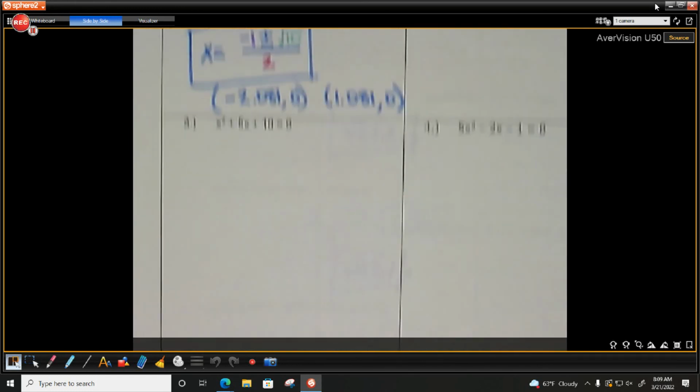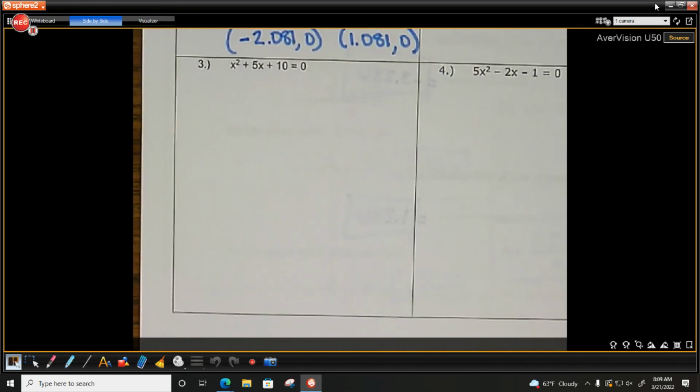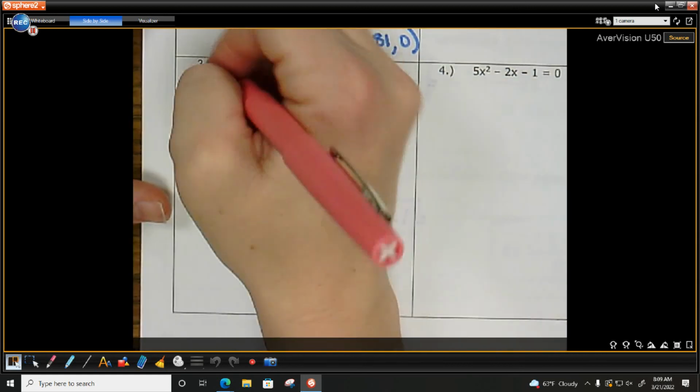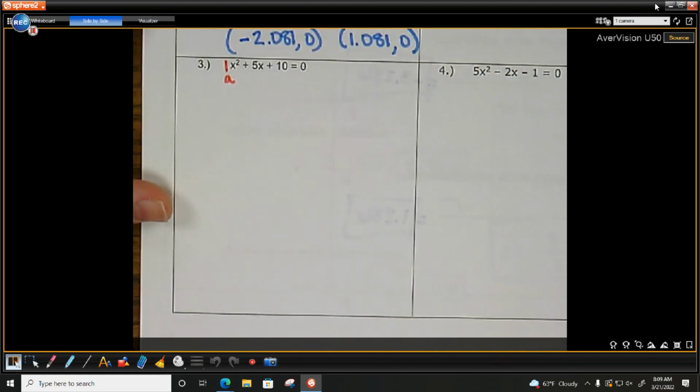Are we in the correct form? ax squared plus bx plus c equals 0. What's my a? What's my b? And what's my c?